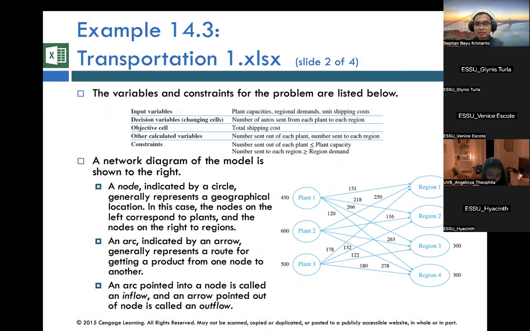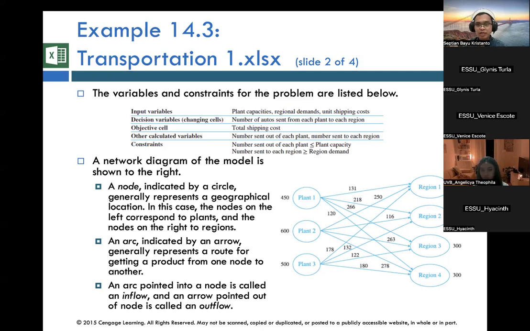The same applies to plantation number two and plantation number three. They need to send the end product of the plantations to each region, region one, two, three, and four. The similar type will be generated from plantation number three.